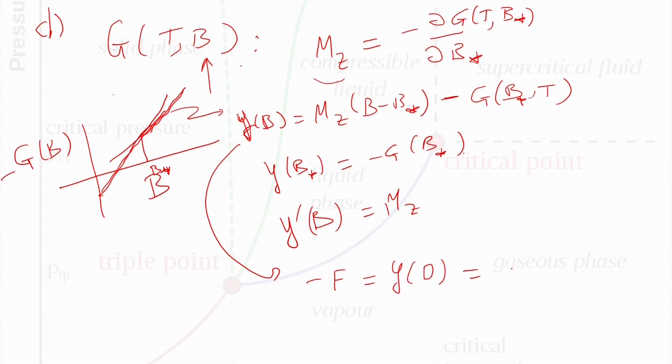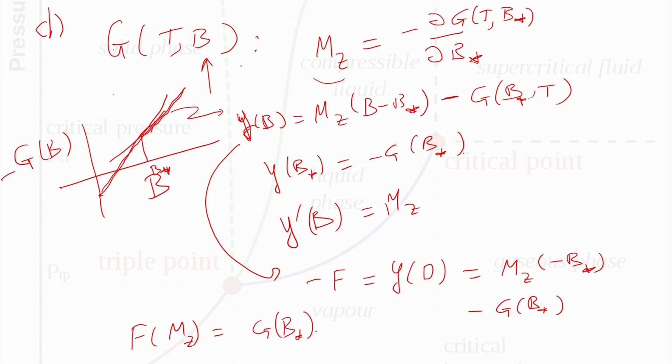This is going to look like m_z times minus b star minus g of b star. So, the new free energy at constant magnetization is now going to be g at b star plus m_z b star. That is what that is. So, now let us go ahead and see if we can calculate.